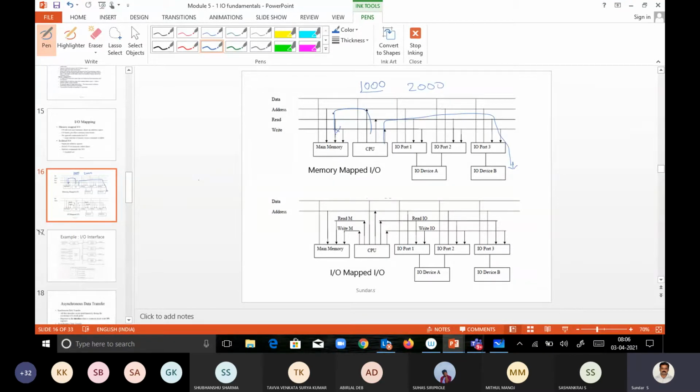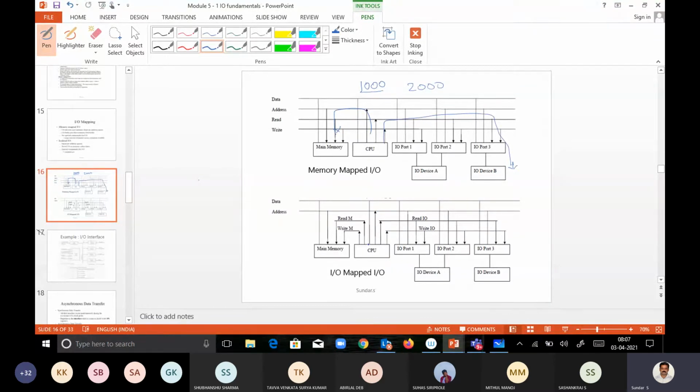Okay, clear? Right. In IO mapped IO, according to this diagram, it may look like memory mapped IO because the address is common. But what is the clue to conclude that this belongs to IO mapped IO? The clue is that from the CPU, the read and write operations are separate for IO devices and for memory.